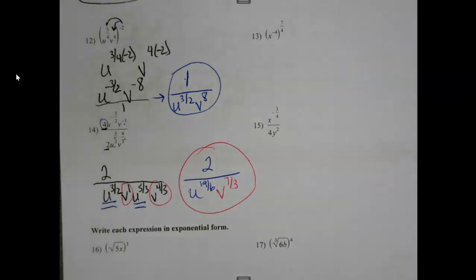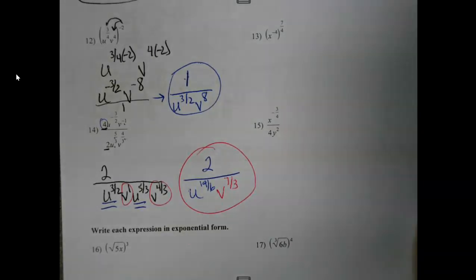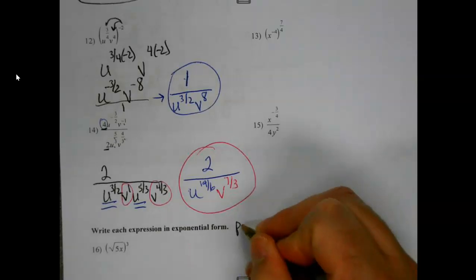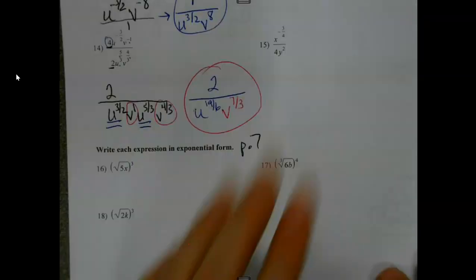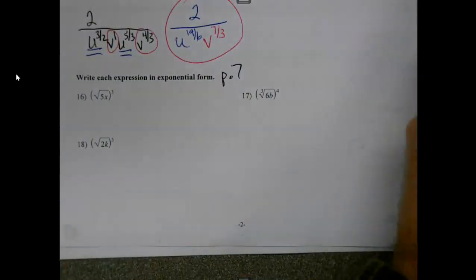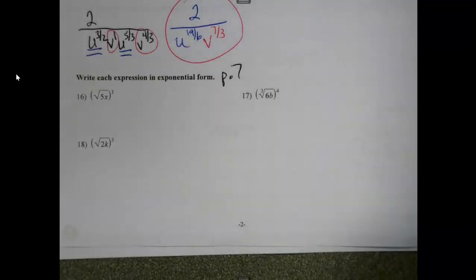So lots of things with exponents here at the start to kind of play with. Okay, let's see here. We're still rolling. If we're looking back in our notes here, write the expression in exponential form. So you're like, okay, what does that mean?